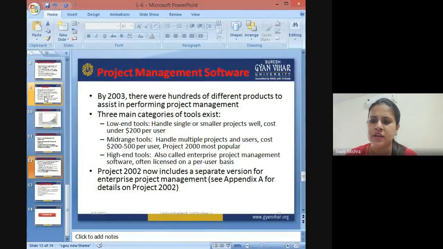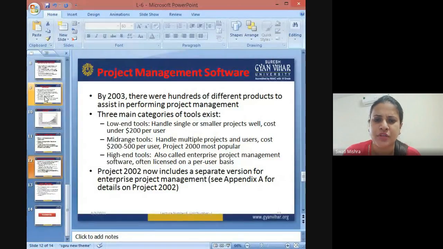These mid-range tools handle multiple projects at a time, and they can be made available to multiple users at a time also. The benefit of using these mid-range tools is for some medium scale and small scale organizations, when maybe 10 to 15 projects are functioning at a time.